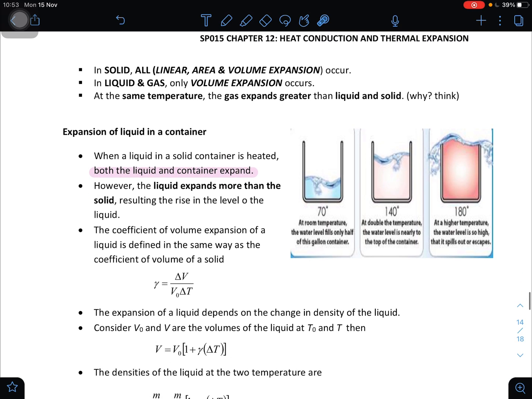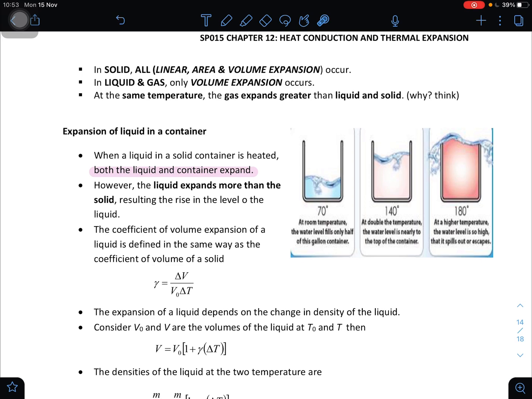Let's look at the expansion of liquid in a container. Okay, so when liquid is inside the container and heated at a certain temperature, both liquid and the container will expand. Okay, it is not only the liquid that will expand. The container will also expand because the container is a solid.